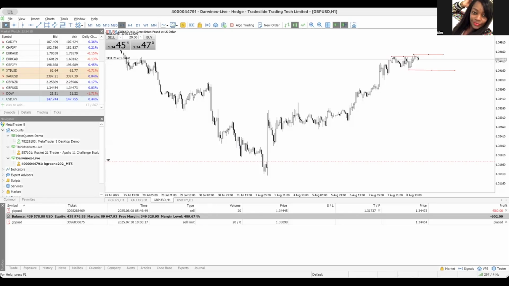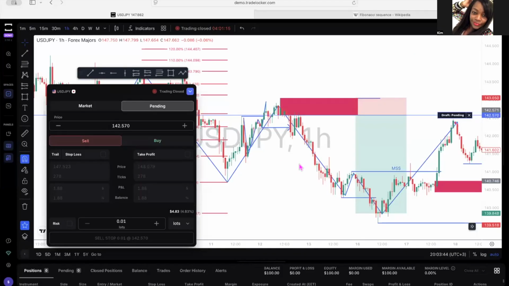Or you can just go to TradeLocker and make life a little easier. It looks nicer as well. Okay, so now with that being said, I'm going to go to TradingView.